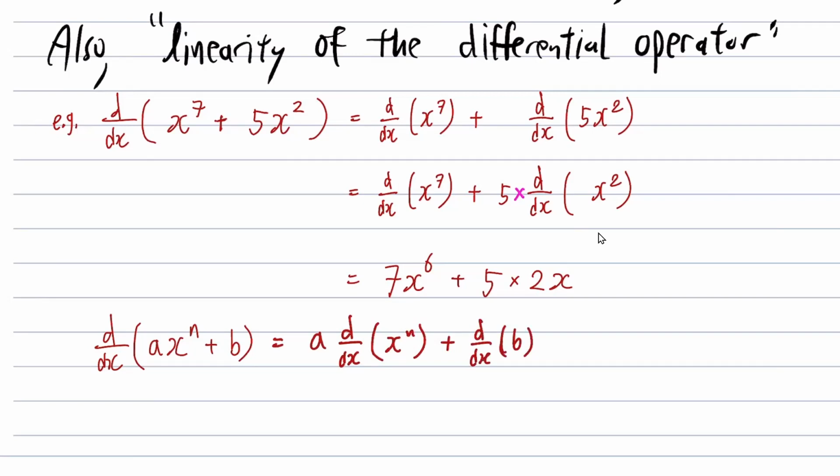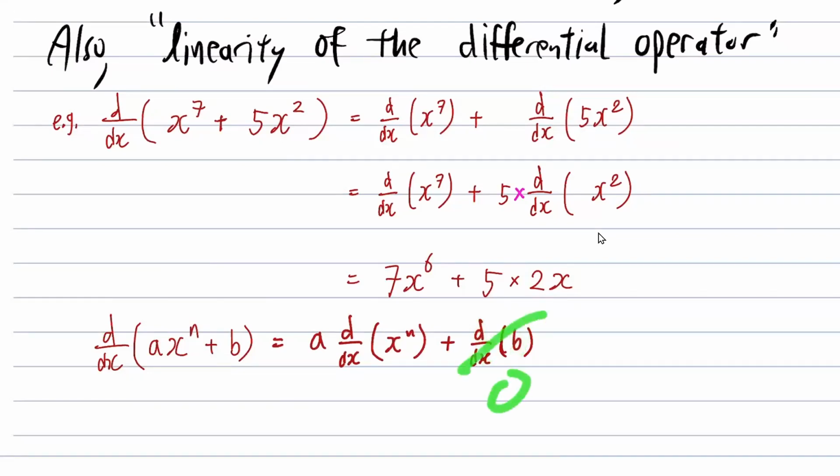Does it make sense? It's not exactly the same. You distribute the d by dx, and when you distribute into a times x power n, the a is a coefficient, so you factor it out. So it becomes a times d by dx of x power n plus d by dx of a constant b.